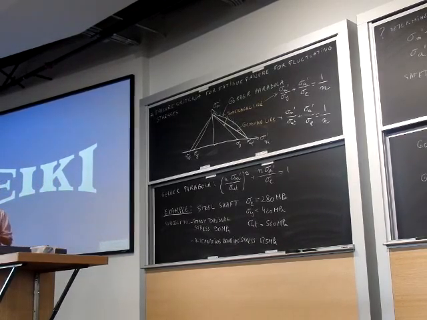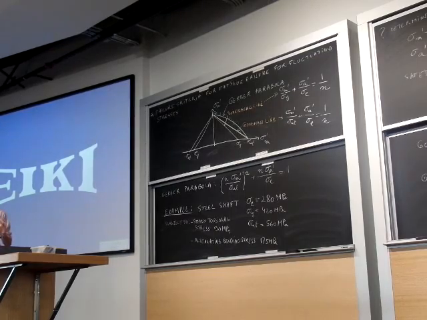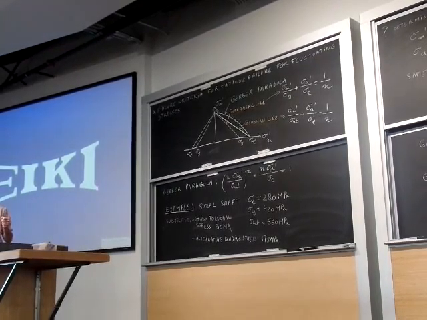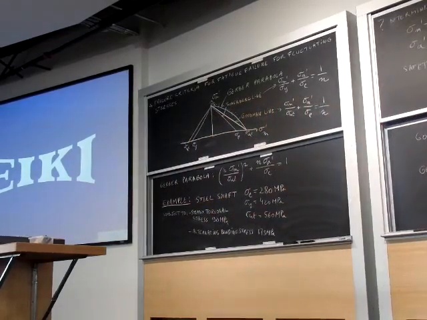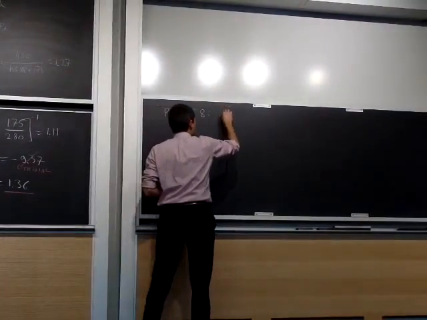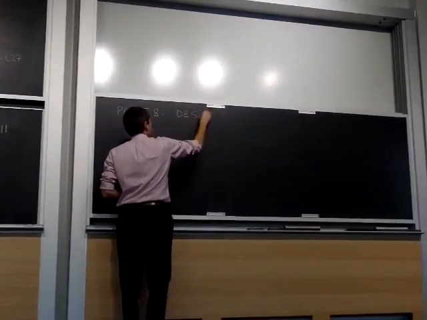Those are the things that we covered in this part. And now what we're going to do is apply that to design of shafts, which is going to be part 8 of the course. And like I said, we're not going to cover any new material.